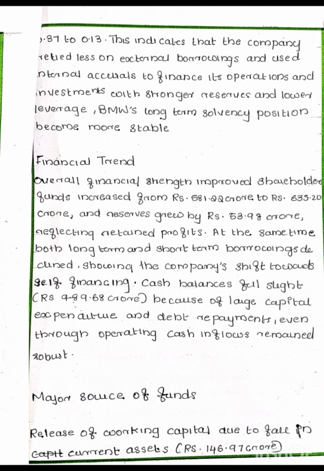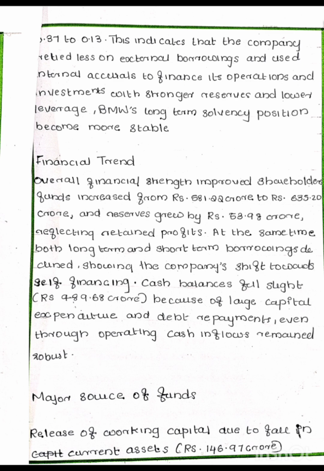At the same time, both long-term and short-term borrowings declined, showing the company's shift to self-financing. Cash balance fell by rupees 9.68 crore because of large capital expenditures and debt repayment, even though the operating cash inflow remained robust.